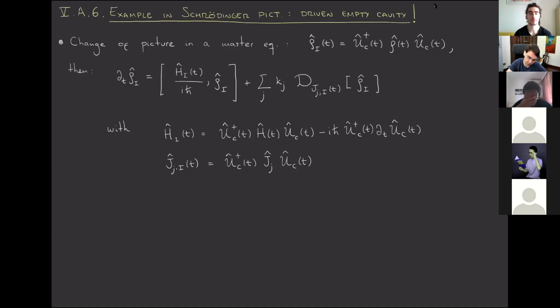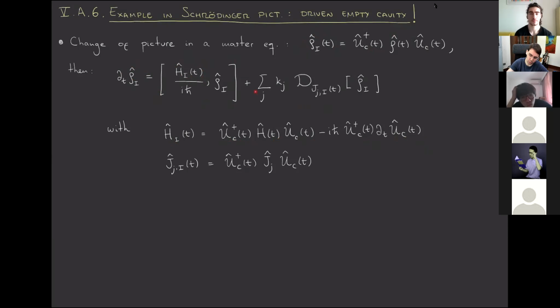So we already went through this, but let me remind you that imagine you have a state in the Schrodinger picture, and now you want to move to a different picture, some intermediate picture, defined by a unitary transformation as usual. So if I ask you what is the evolution equation for this state, of course, for the Hamiltonian part you just get the intermediate picture Hamiltonian that we know from the closed systems chapters, okay?